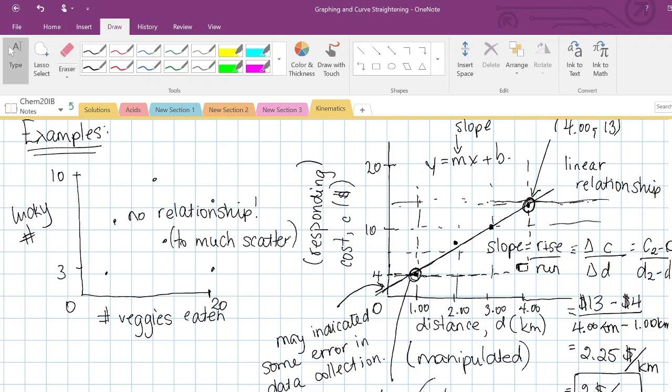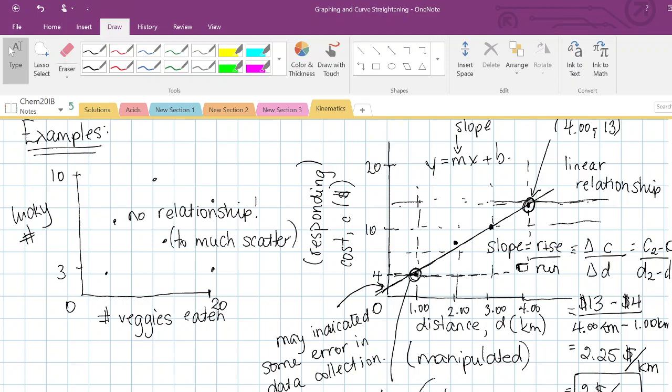Okay, we put in our C2, $13 minus $4 over 4 kilometers minus 1 kilometer, and we get that per kilometer we are going to be spending $2.25 per kilometer. Now, significant digits do matter here. Because this is only to one significant digit here, our final answer would be $2 per kilometer is what we would expect to be spending on this particular road trip.